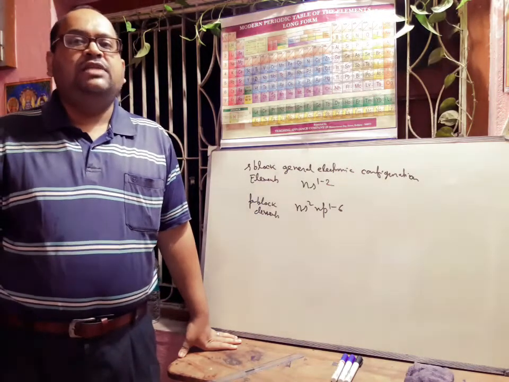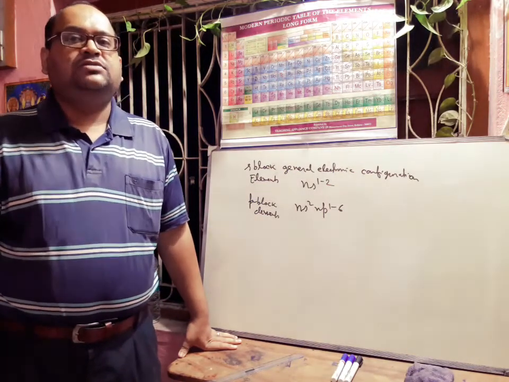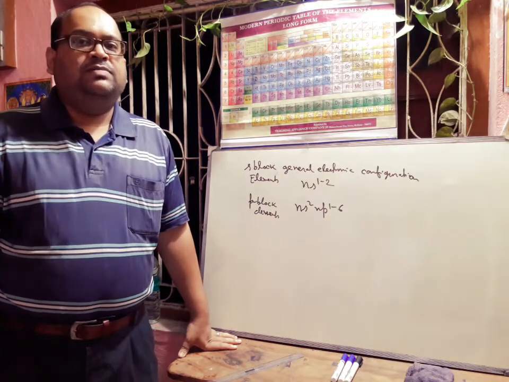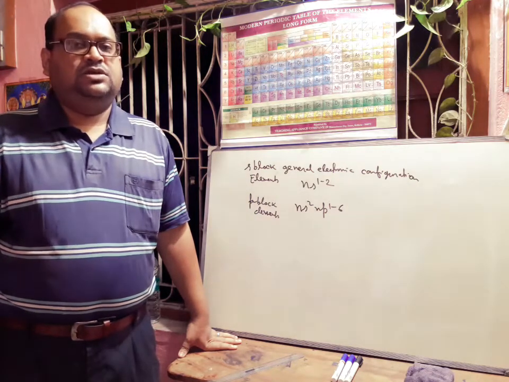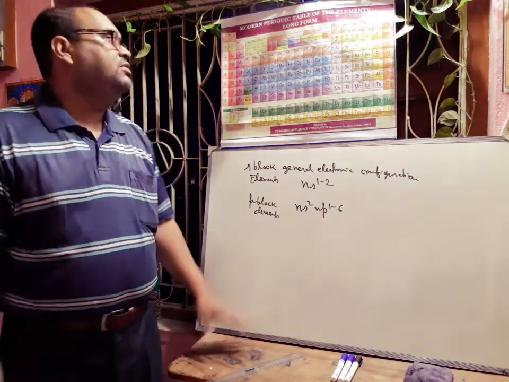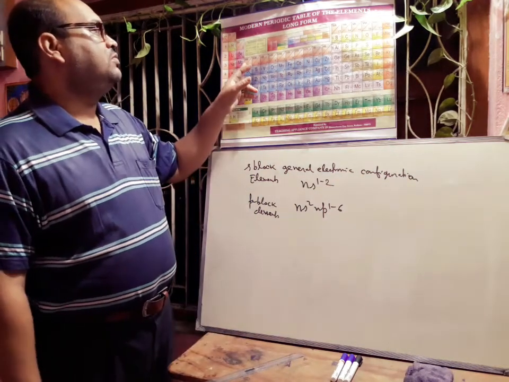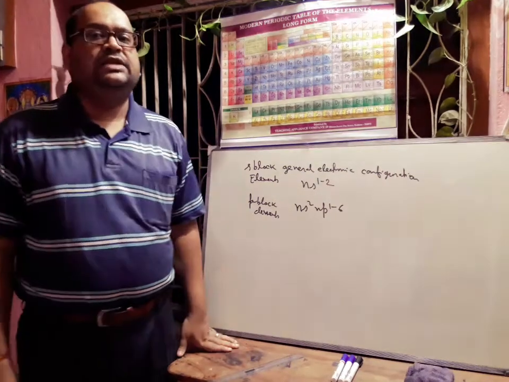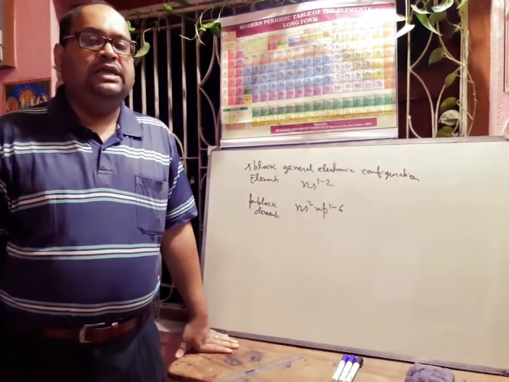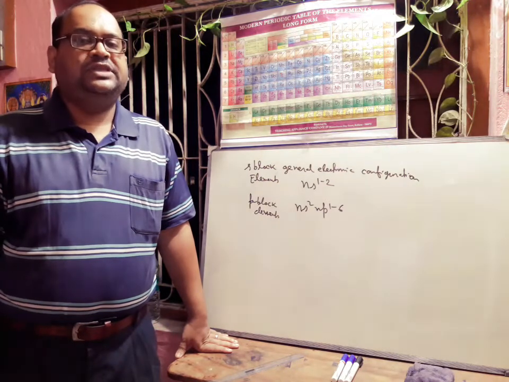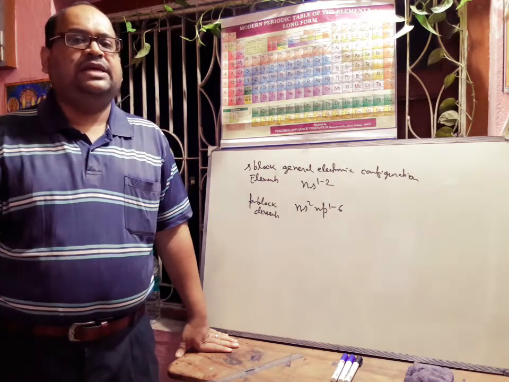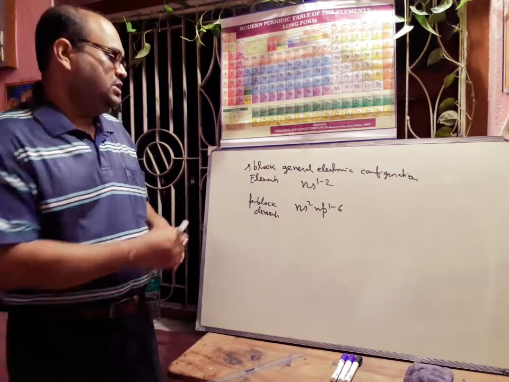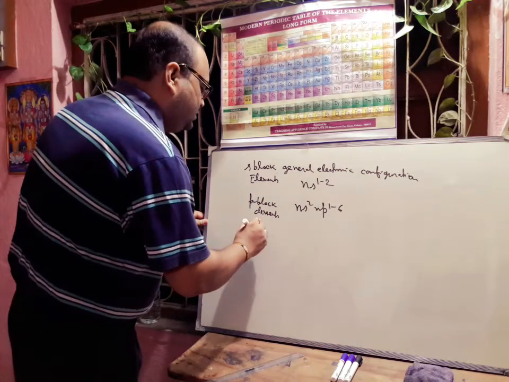Those elements in which the last electron enters into the d subshell of the penultimate main energy level are called d block elements. So if we think about these elements from group 3 to group 12, here the last electron enters into the d orbital. What will be the general outer shell electronic configuration for these d block elements?